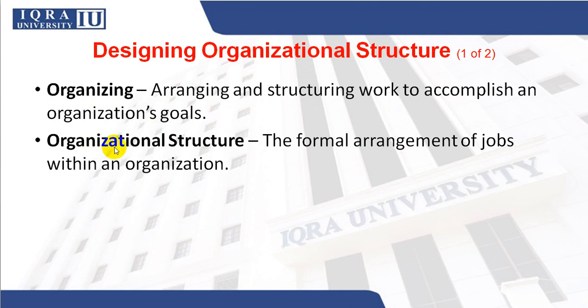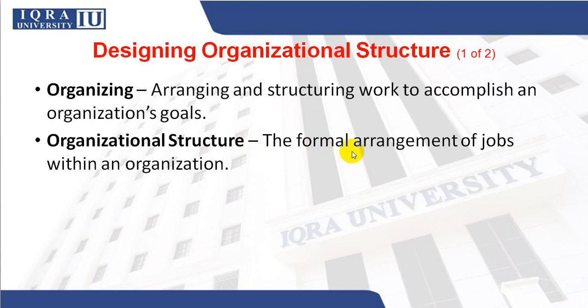So if we discuss what organizational structure is, it's a formal pattern of interactions and coordination. Management designs organizational structure to link the tasks of individuals and groups to achieve organizational goals. Now I have used the term formal. What does formal mean?